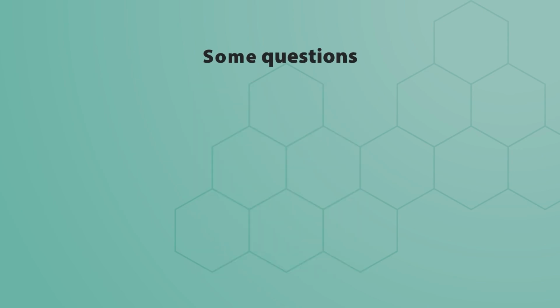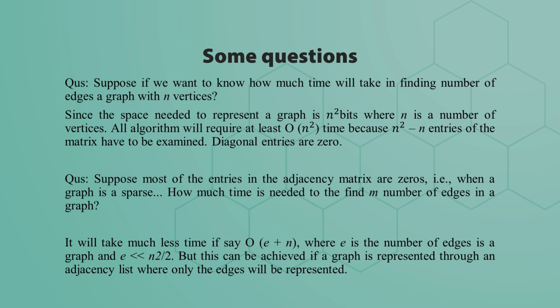There are some doubts that can arise from this arrangement. Suppose we want to know how much time it will take to find the number of edges with n vertices. Because the graph is arranged in an adjacency matrix, finding the number of edges will take n square, because it is arranged in an n by n format.